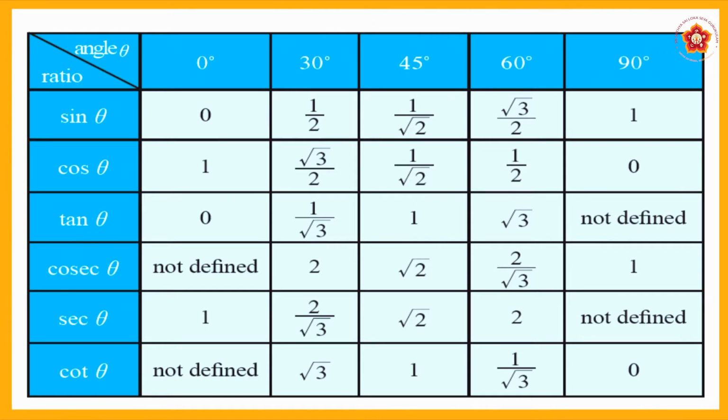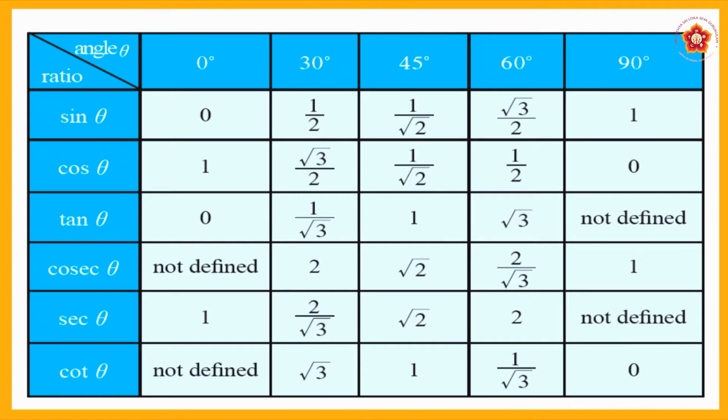Similarly, we can write cos theta. You just swap the values: 1, root 3 by 2, 1 by root 2, and 1 by 2, and cos 90 degree will be 0. And tan theta, which is the slope, is sin theta by cos theta.